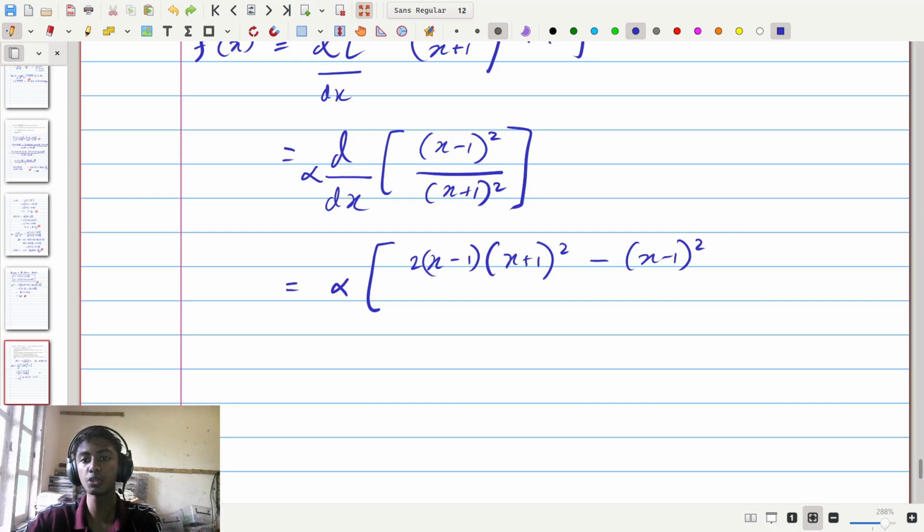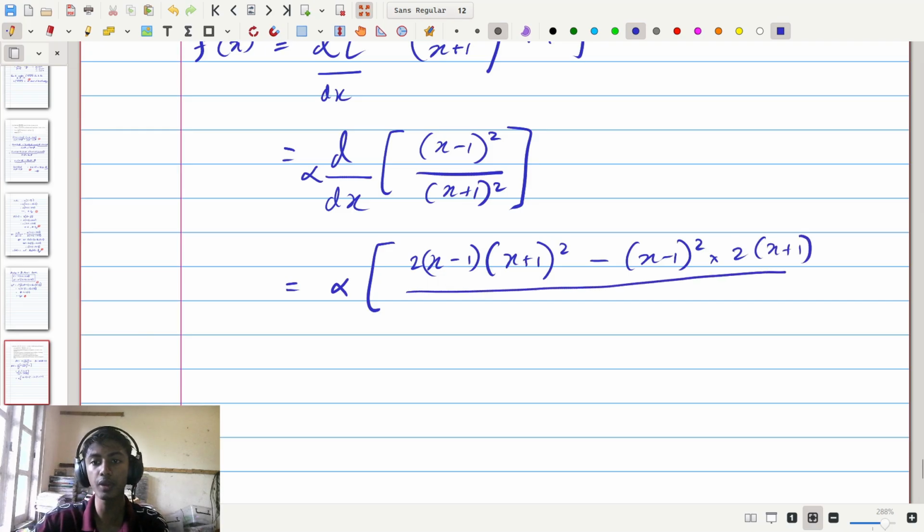So we can write 2 times 2 (x plus 1), all divided by the denominator function squared, which is (x plus 1) squared squared, or (x plus 1) raised to the 4th power.